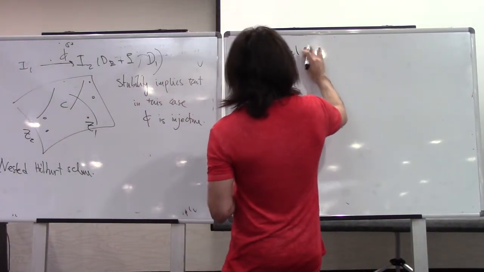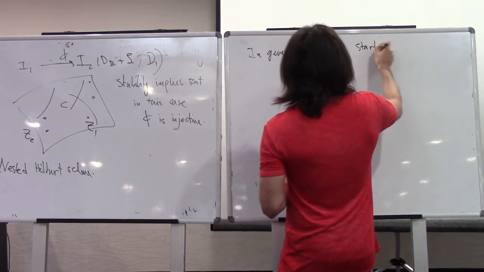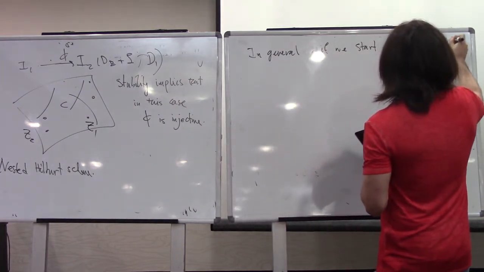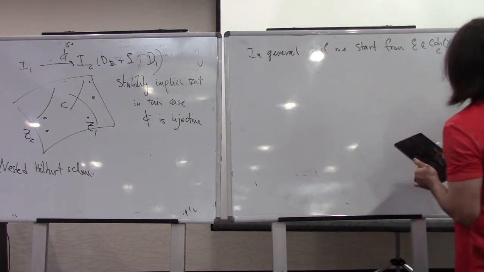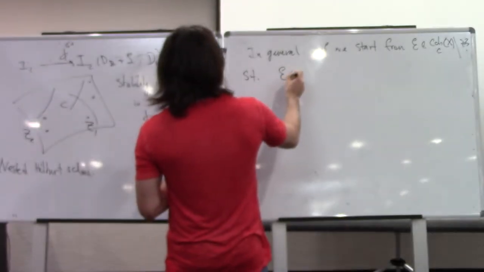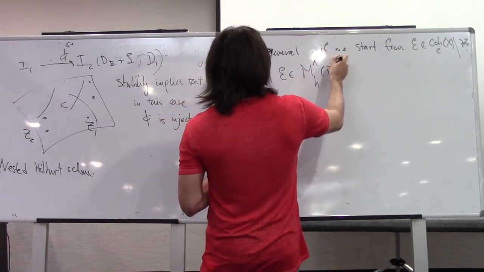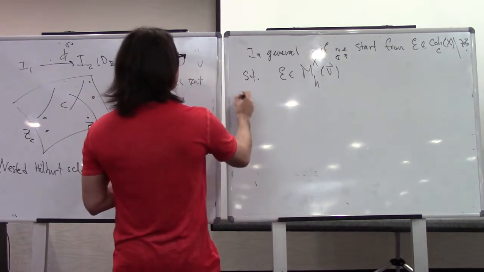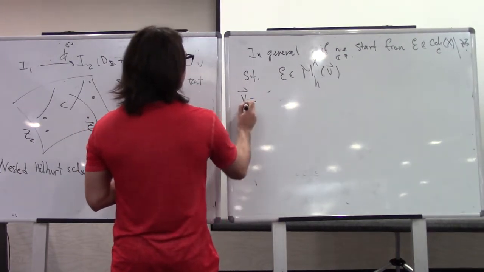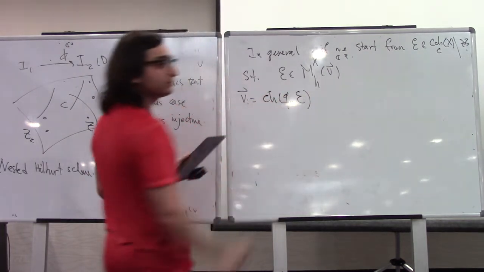if we start from some E in this category of compactly supported sheaves, such that E is an element of our moduli space, the torus fixed locus of our moduli space. So this Chern character, as you remember, was by definition the Chern character of the push forward of our sheaf.